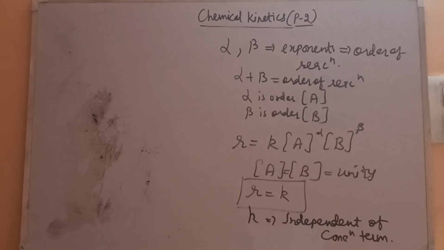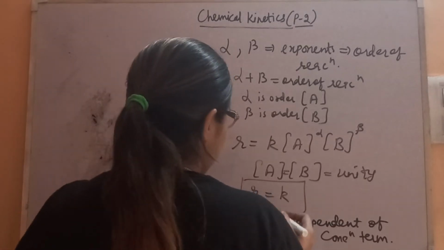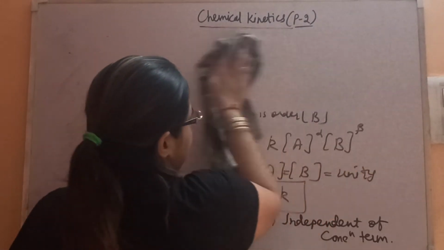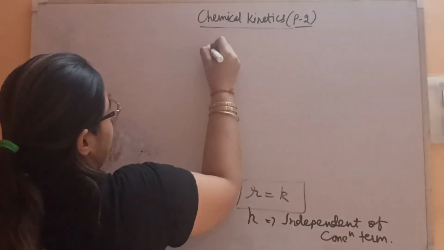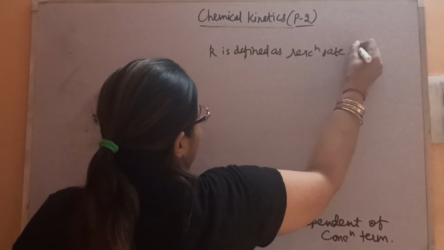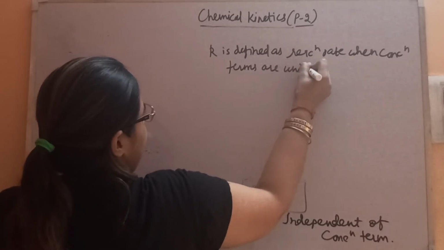So let's see its characteristics. K is defined as the reaction rate when concentration terms are unity.